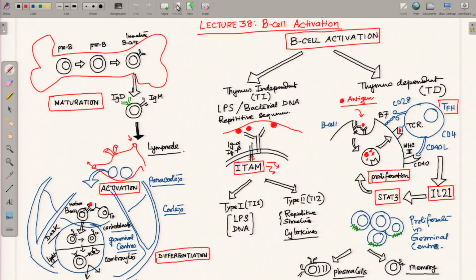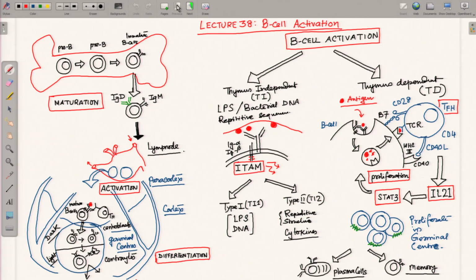When there is a thymus dependent activation, this process is primarily meant for protein antigens, the processed antigens. These protein antigens elicit this kind of a response, a thymus dependent response, and as we have seen, the thymus dependent activation leads to proliferation of the B cell.